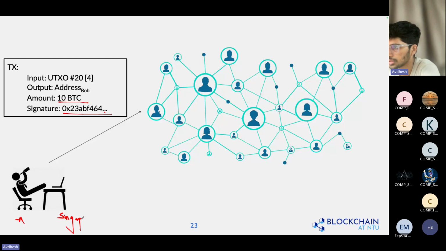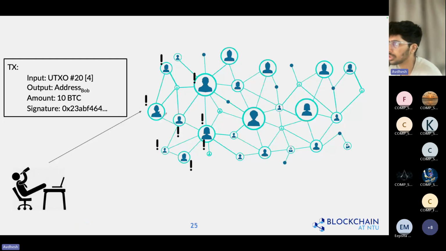So let's just write Singapore, and the system will find the nearest node, or the nearest miner, to her. After finding it, the transaction would be sent to it, and since the whole network is peer to peer, it will alert all the other nodes as well.